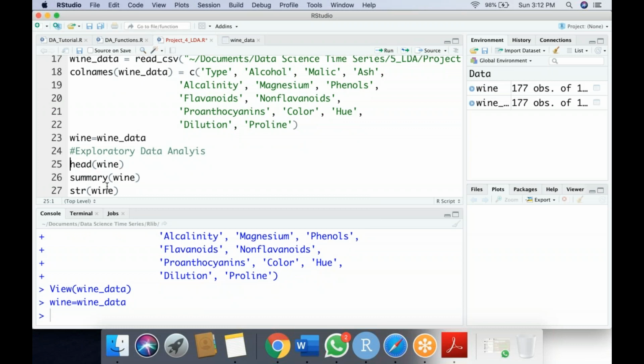Okay. So after loading the data, what do we do next? Class, what do we do once we load the data? EDA. And in this particular scenario, from our yesterday's understanding, along with EDA, what other attributes do we have to check very carefully in the data?